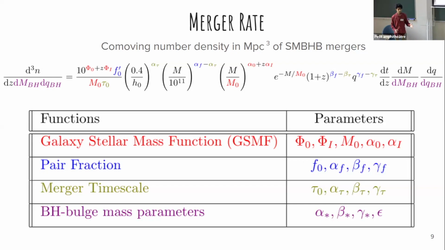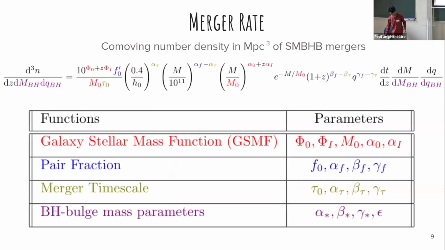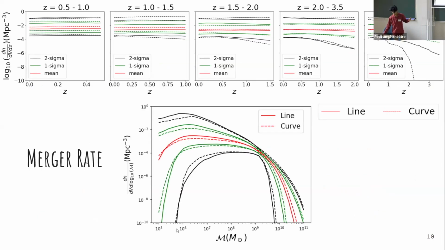So what we see is that these parameters can be constrained using the gravitational wave background that we get. This is the merger rate. We integrate the previous merger rate with the ratio, then we get the merger rate with respect to the critical mass and the merger rate with respect to the redshift.